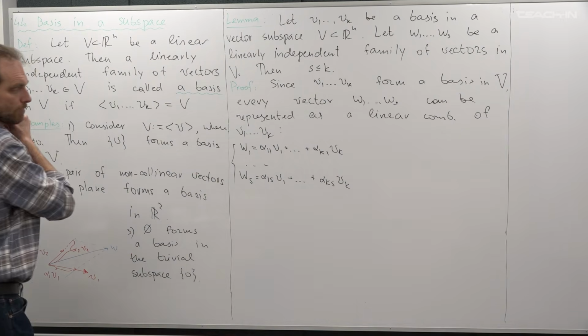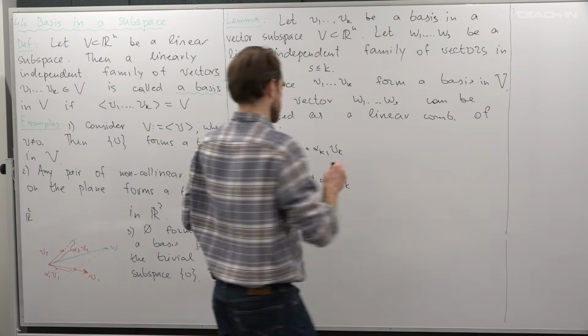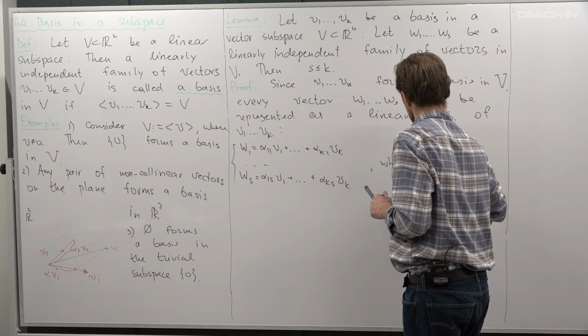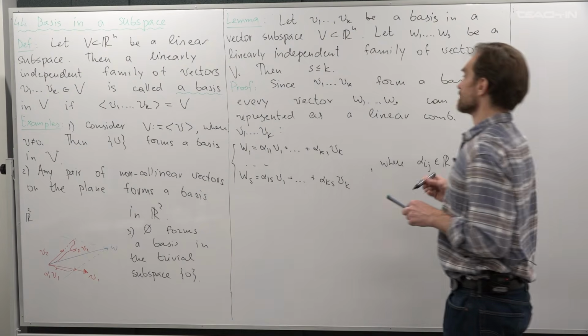So we know that there exist such coefficients. Alpha sub ij are just real numbers.